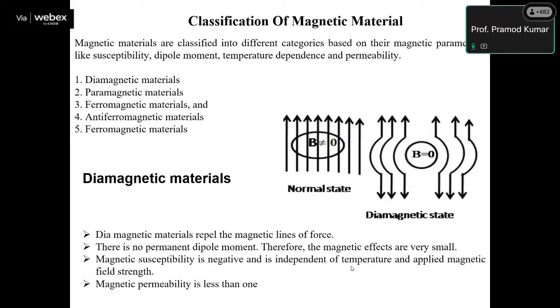So magnetic susceptibility is always negative in diamagnetic material, and this is independent of temperature and applied magnetic field strength. Magnetic permeability is less than 1. Whenever we have diamagnetic material, the magnetic permeability is always less than 1. This is the basic property you get in diamagnetic material.